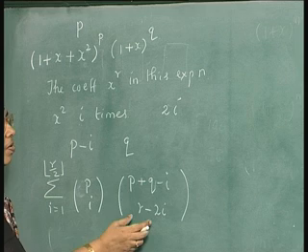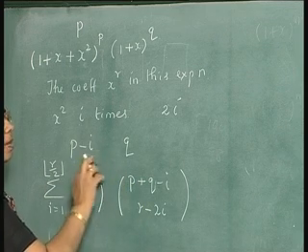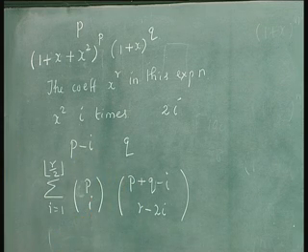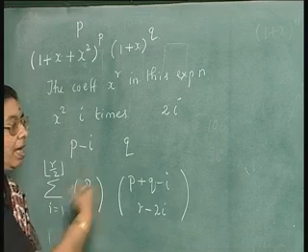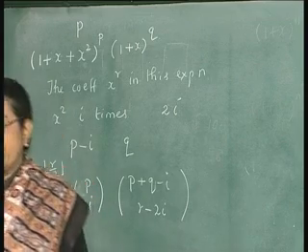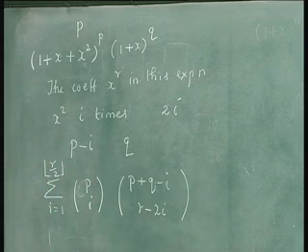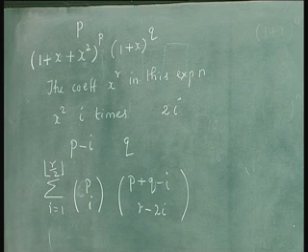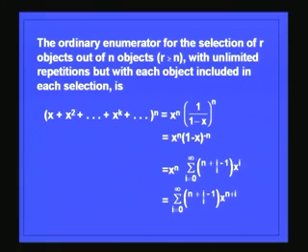Now, the ordinary enumerator for the selection of r objects out of n objects, where r is greater than or equal to n with unlimited repetitions, but with each object included in each selection, is this. Now, before that, each object need not be included.